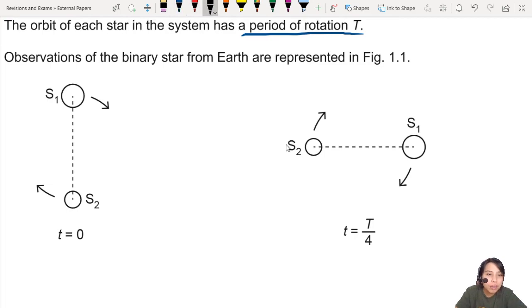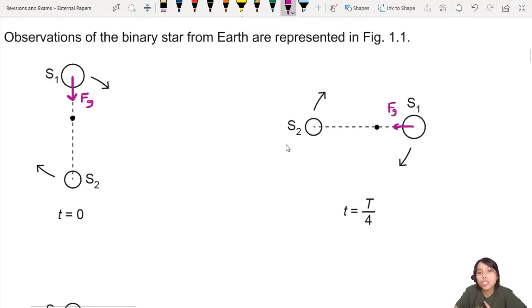You know the center of masses is here. If I look at star 1, it's going to experience some force Fg. Then when it moves to the right, the center is here, right? It's still experiencing the same Fg thanks to the small mass. So this Fg acts as the centripetal force for the big star. I'm going to write a reminder here: this is Fc, the centripetal force for S1.